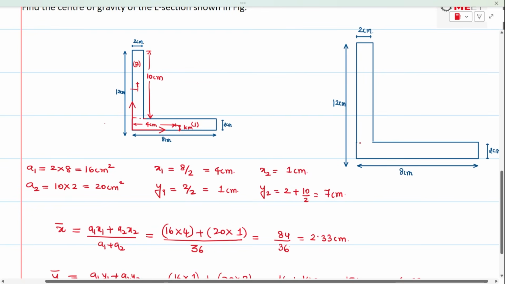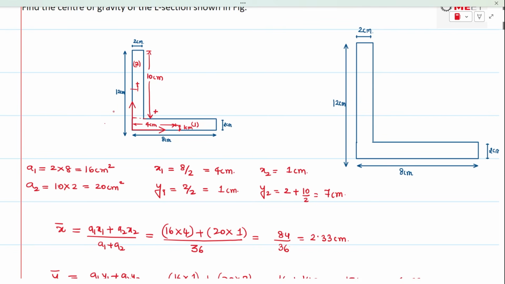As per the diagram, the x bar from the origin is about 2 centimeters and y is about 4 centimeters, so somewhere here the centroid is expected to lie.